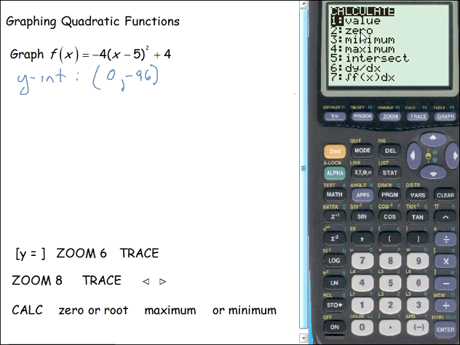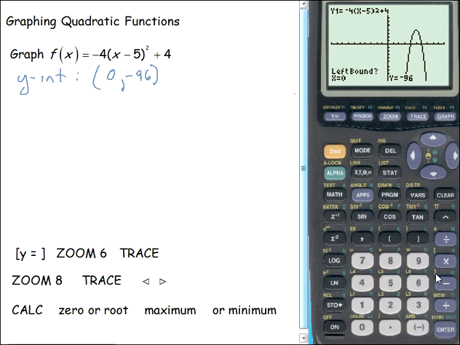On this calculator it calls it zero, and it refers to the x-intercepts. And so I'll go down to the zero and hit enter, and I need to have my cursor on the left side there, so I'm going to move it to the right until I can see it at least.